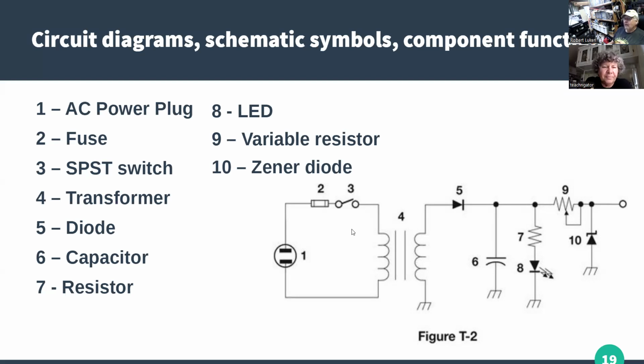Number 4 is your transformer. Is that the parallel lines? Well, that's the core. It may have some core material. Like if it was a power transformer, it's usually a laminated iron core. It could be a toroid made out of ferrite.